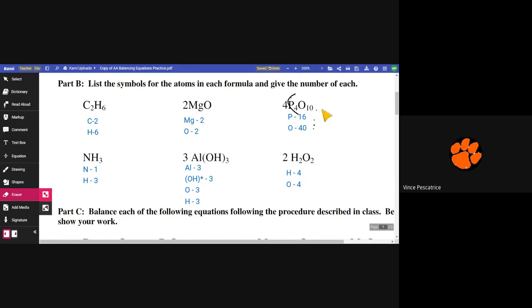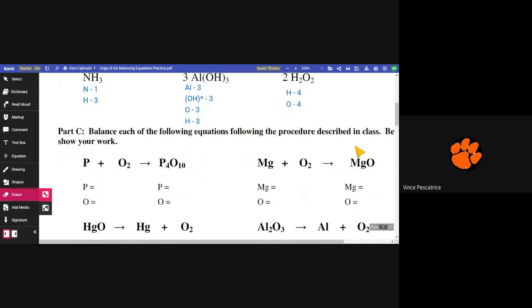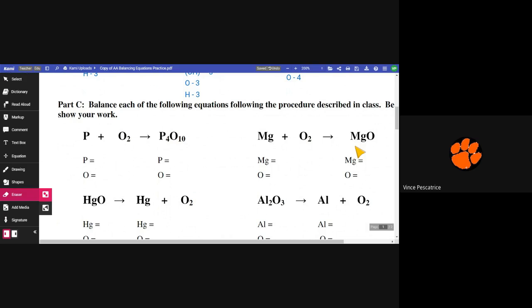Let me get rid of this stuff that's bothering me. So now we're going to do the whole balancing game. Balance these equations by following the procedures we just talked about. So we listed those out in the notes, so let me pull them up.